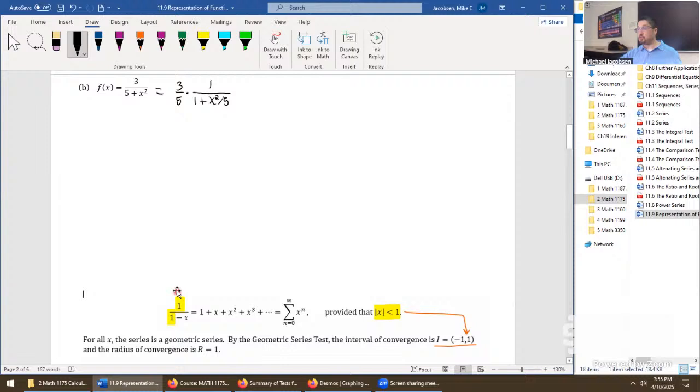So we've satisfied those two requirements, the 1 and the 1. The other requirement we still need is a negative sign. But that's not so bad. You can always force a negative in the middle, just use double negation. So this is 3/5 times 1 over 1 minus negative x squared over 5.